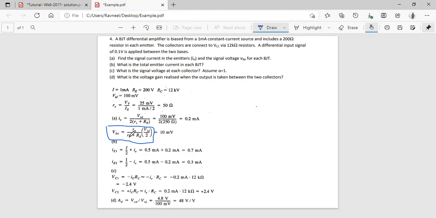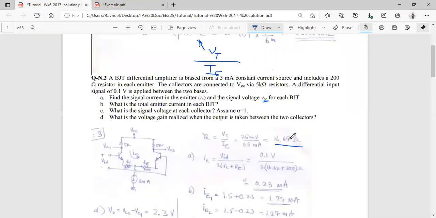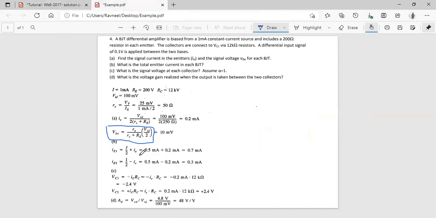This is the formula for VBE. VBE is equal to small RE upon small RE plus capital RE, times VID divided by 2. In this case, our small RE is 16.67 ohms and our capital RE is 200 ohms. So we go back over here and substitute the values.